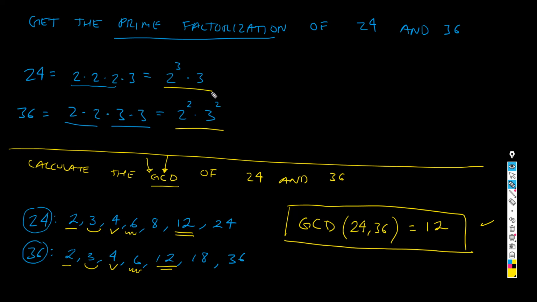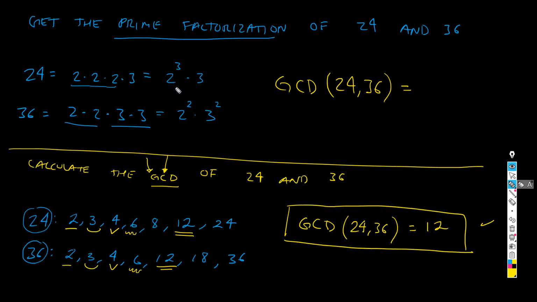You see? Okay. And finally, what you're going to do to get the greatest common divisor of 24 and 36 will be taking the least exponent of a common factor.